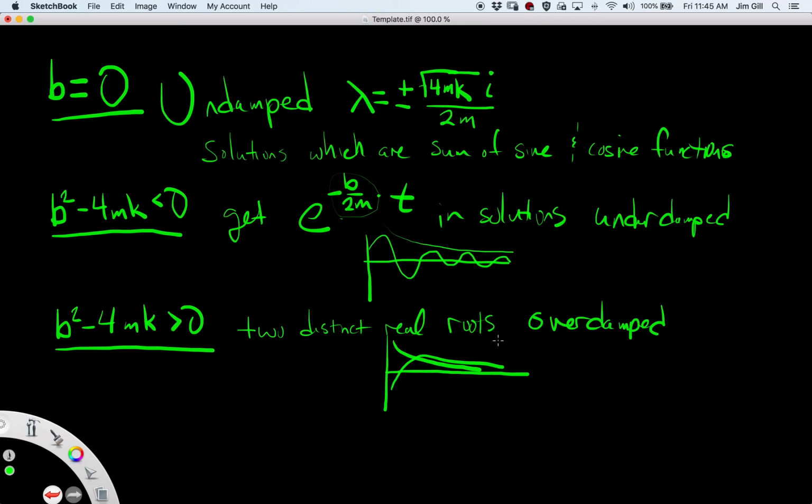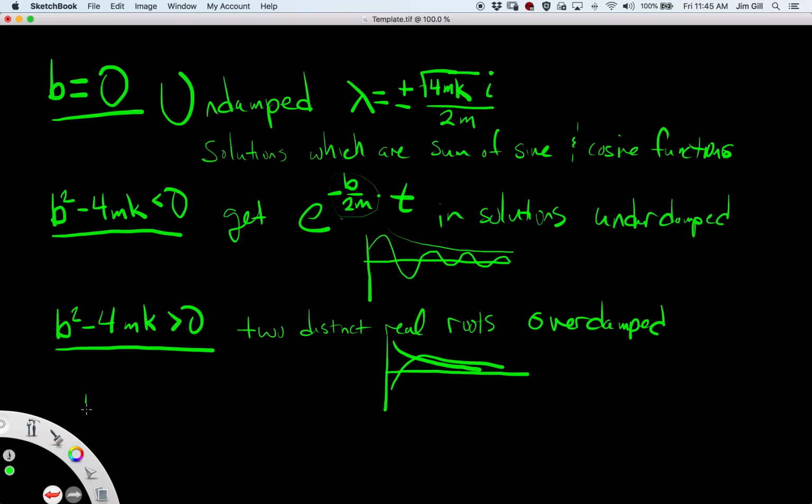This is a spiral sink type situation. You're always going to get negative eigenvalues out of this, and we have a spiral sink. And so you might go directly towards the sink, or we might go around a little bit as we go towards the sink. So that's what can happen when b squared minus 4mk is positive, and that is called overdamped.